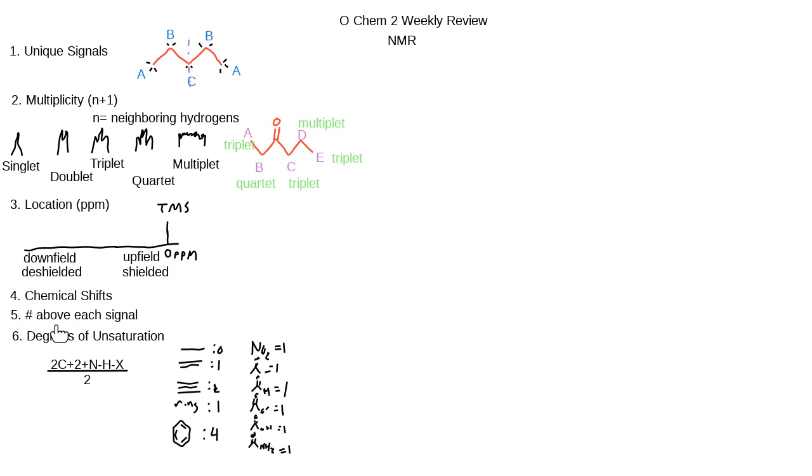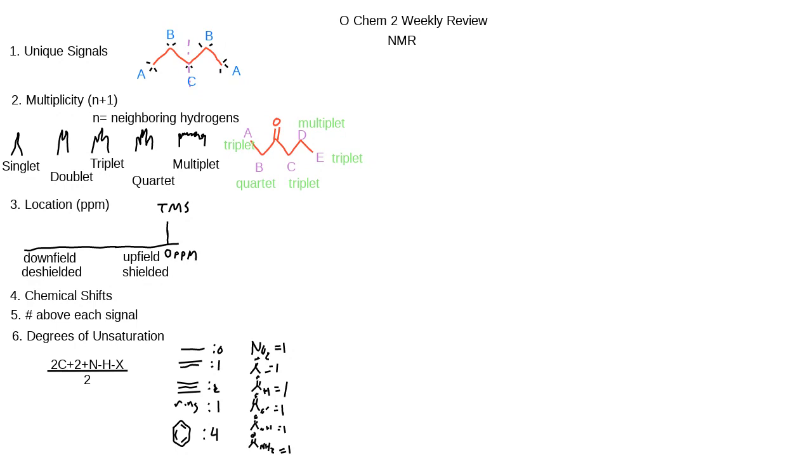And so we just talked about number 6. So let's talk about number 5, the number above each signal. To explain this, I will have to show the graph, which I haven't done as of yet.